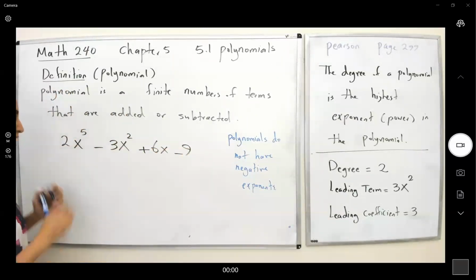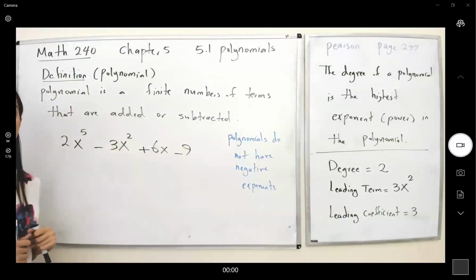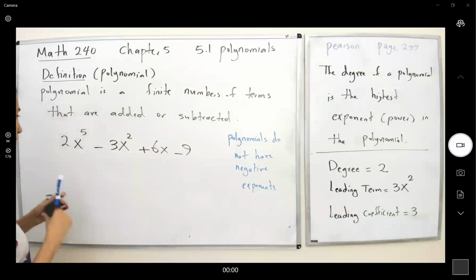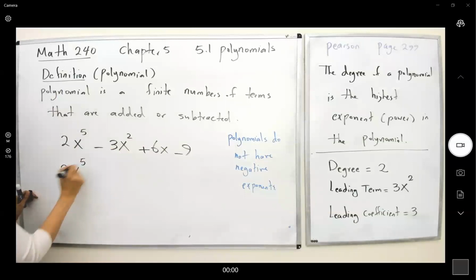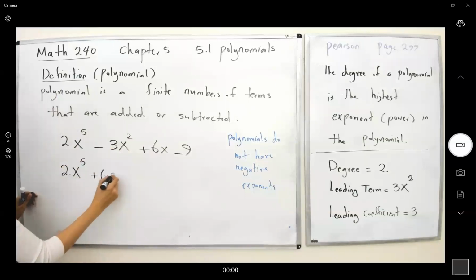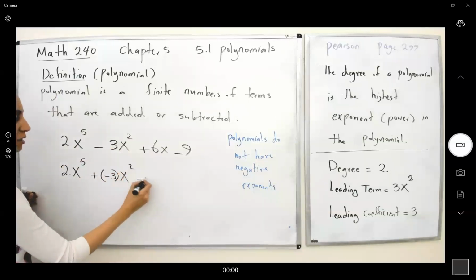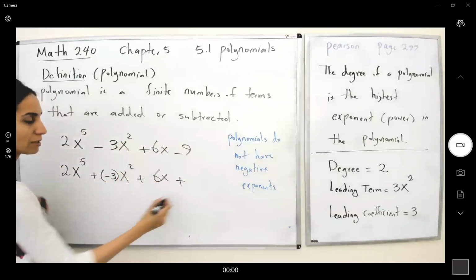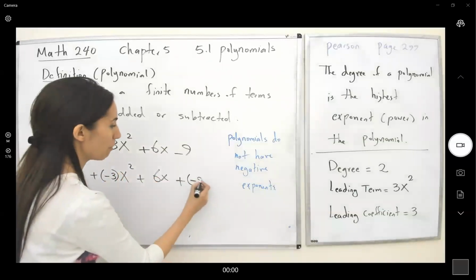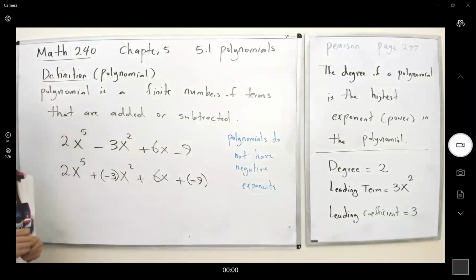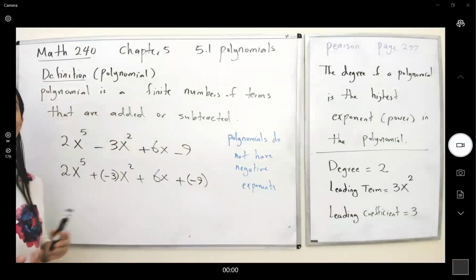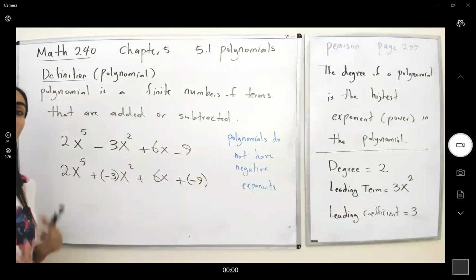Again, let's take a look at the addends or terms in this case. First of all, you have 2x to the fifth plus minus 3x squared plus 6x plus the constant minus 9. Very well. What do we see here? What is the leading term? What is the degree of this polynomial? And what is the leading coefficient?